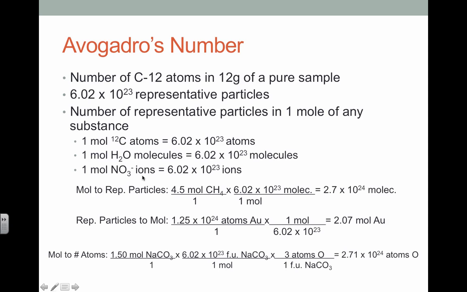If I have 1 mole's worth of nitrate ions, this is 6.02 times 10 to the 23rd ions. So ions is another way to refer to a representative particle. And then the one that's not listed here is formula units, and those are for ionic compounds. That's again another more specific way to refer to a representative particle.